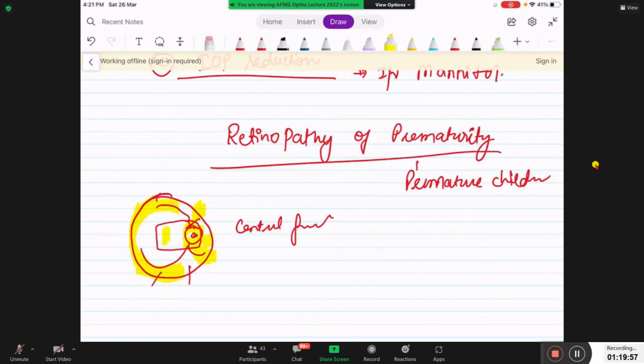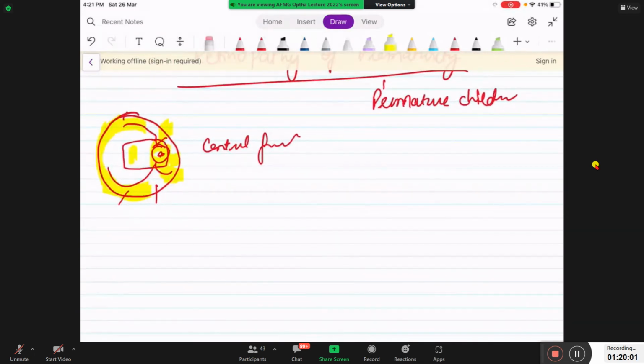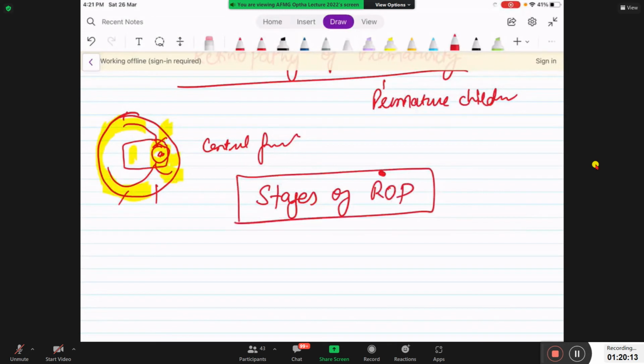Now write down the stages of ROP. ROP is retinopathy of prematurity. First, we will discuss stage 1: demarcation.